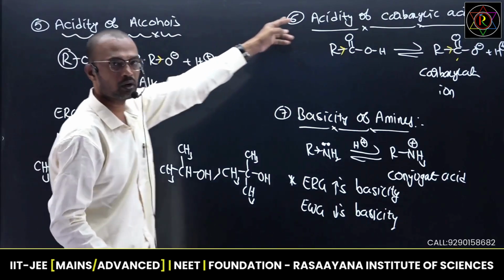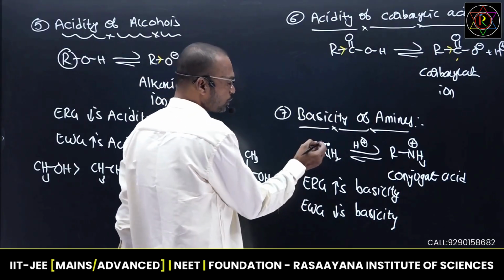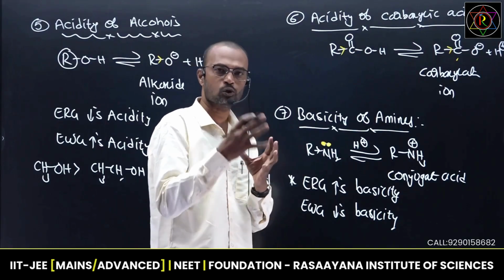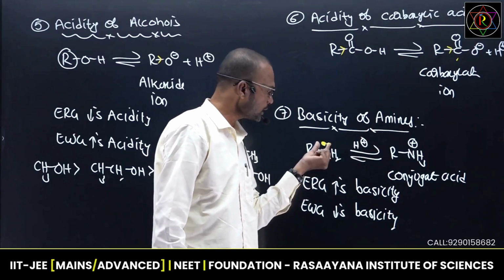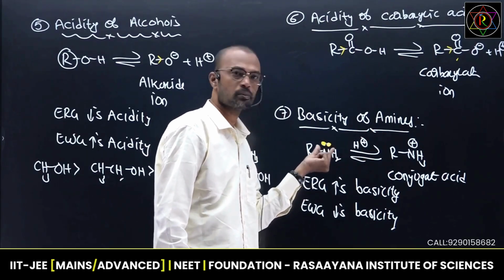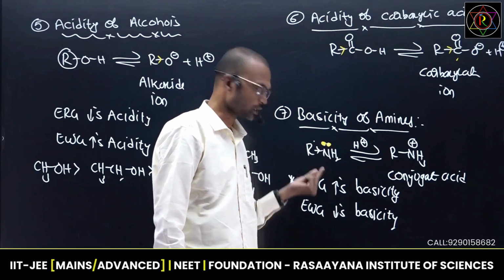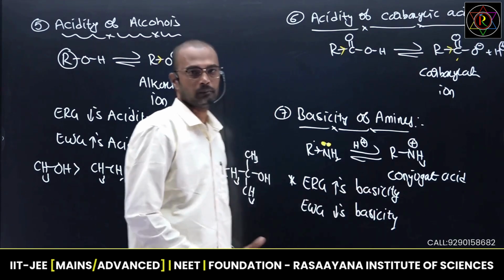So almost the same point regarding carboxylic acid. And in case of amines, it is the ability of donating a lone pair of electrons. How easily a molecule can donate its lone pair of electrons to an acid, that is called basicity. If it is donating very easily, it is more basic. They can donate only if they carry releasing groups. So I can say releasing groups increase basicity, withdrawing groups decrease basicity.